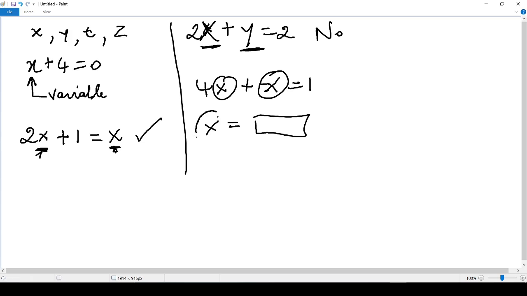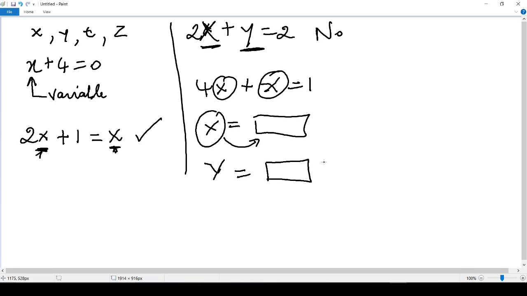That's our goal. If my variable is y, at the end I should have y equal to some value.